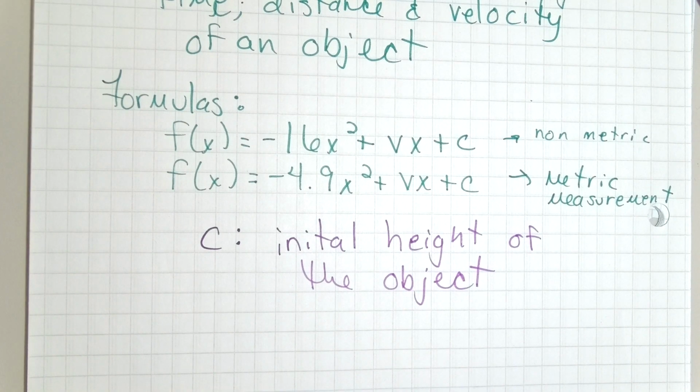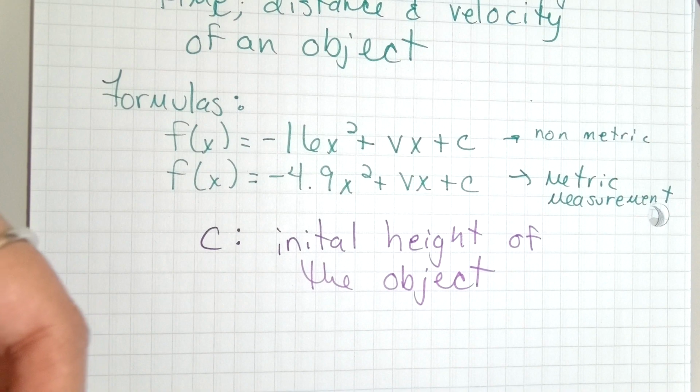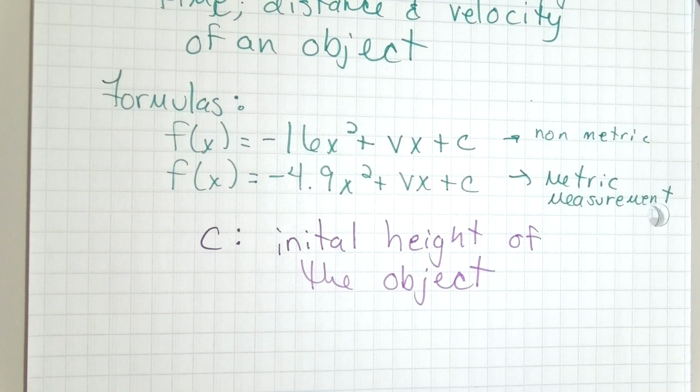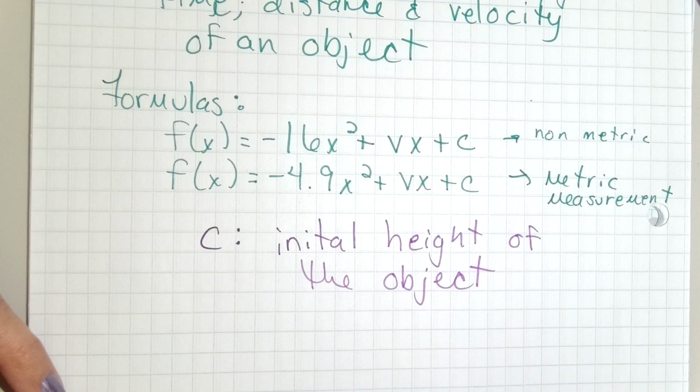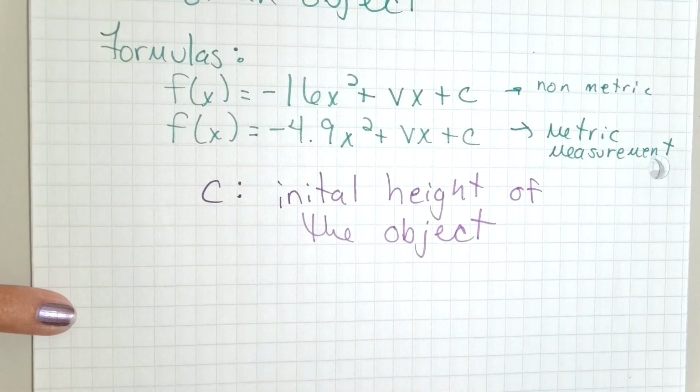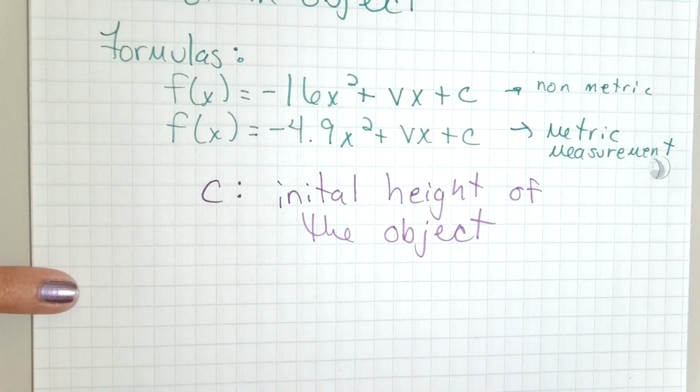So if I'm standing up and I'm throwing a ball in the air, the ball isn't on the ground. It has a height from wherever I'm throwing it. That is what initial height is. Now, if you're kicking a ball, it might be on the ground. But it all depends on the context of the problem, okay? For right now, it will tell you what the initial height is. We will eventually figure out what that initial height is later. We will solve for it.